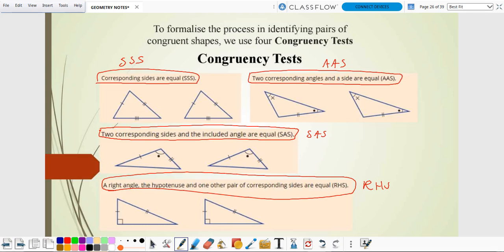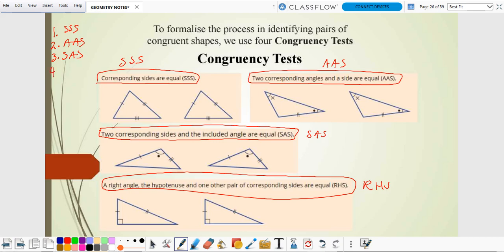So I'm going to write your 4 tests here. Test number 1 is SSS, so all 3 sides. Test number 2 is AAS, so 2 angles, 1 side. Test number 3 is SAS, 2 sides and an angle, or side, angle, side.